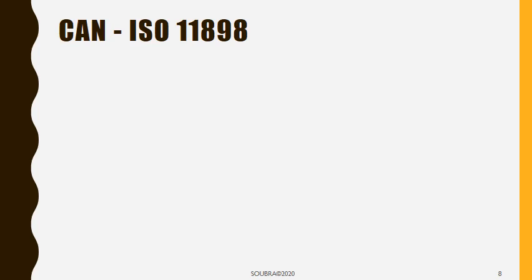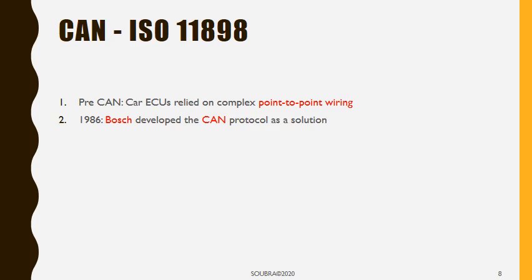Let's have a quick history about the CAN. So the CAN bus, before the CAN bus happened, if we wanted to make ECUs or nodes talk to each other, we relied on peer-to-peer or point-to-point wiring. 1986, yep, old times.